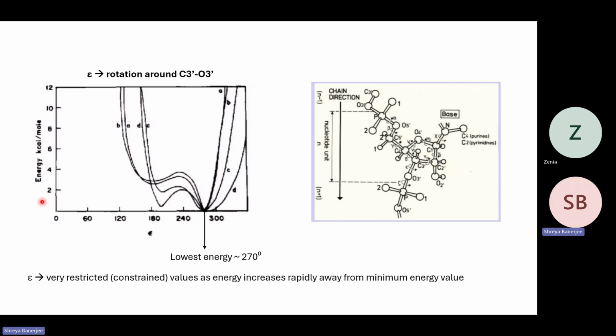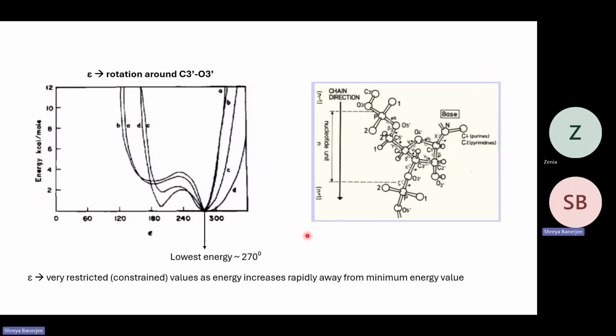Another thing is the epsilon rotation, which is between this C3 prime and O3 prime. So it is along the bond connecting the phosphate. Along this bond, that is the epsilon rotation, and this is how the energy changes.